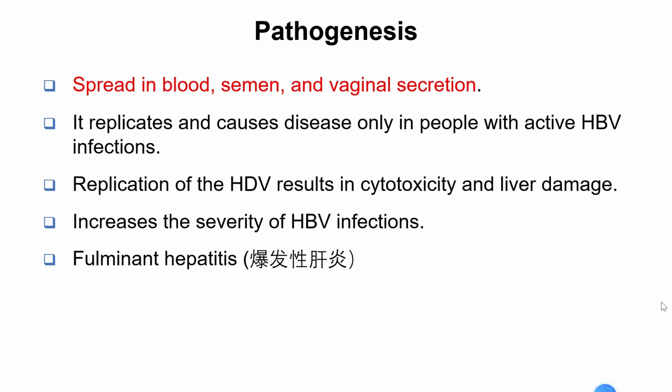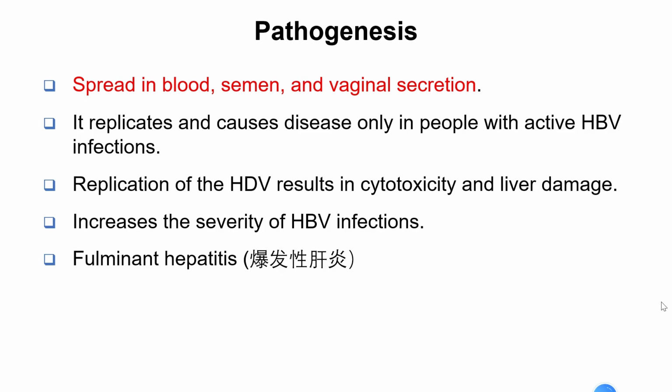So this is a similar way as HBV. It replicates and causes disease only in people with active HBV infection. This active HBV infection is important, okay, because it utilizes material from HBV replication.